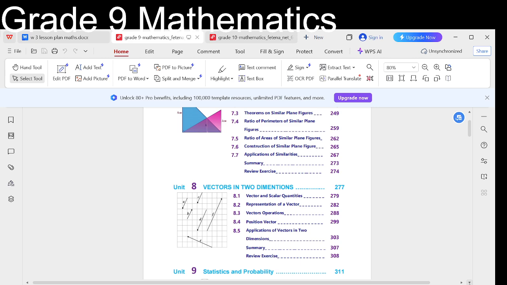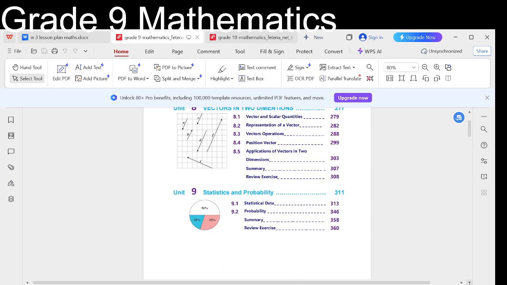And the last chapter, which is very important, is about statistics and probability. Under 9.1 we are going to look at statistical data, and we can collect data in different ways. Mainly some data are quantitative and some data are qualitative.